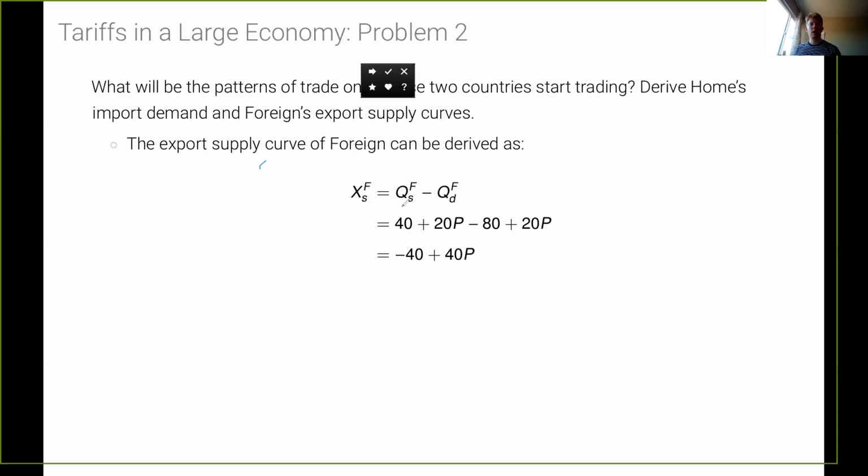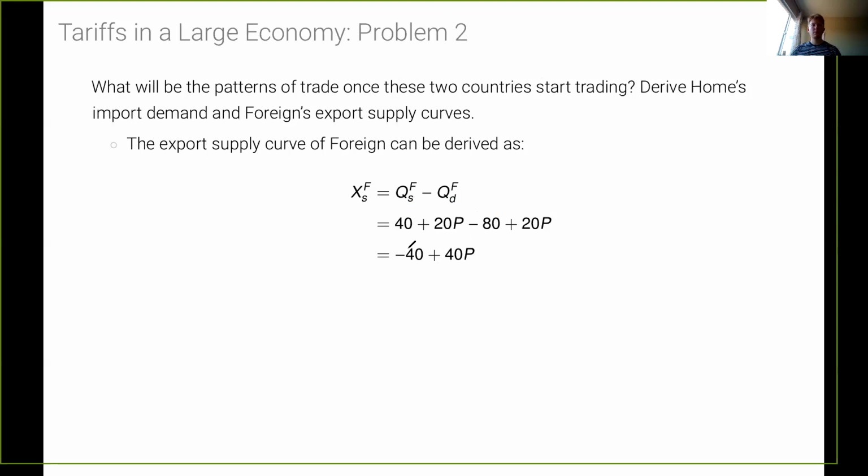This term right here is foreign's supply curve. This term right here is foreign's demand curve. And subtracting one from the other, we end up getting that foreign's export supply is going to be -40 plus 40p.